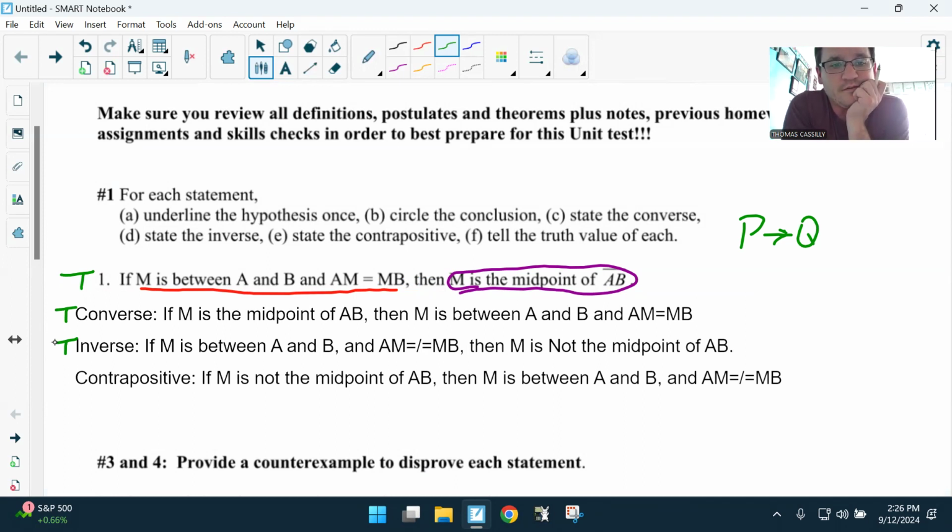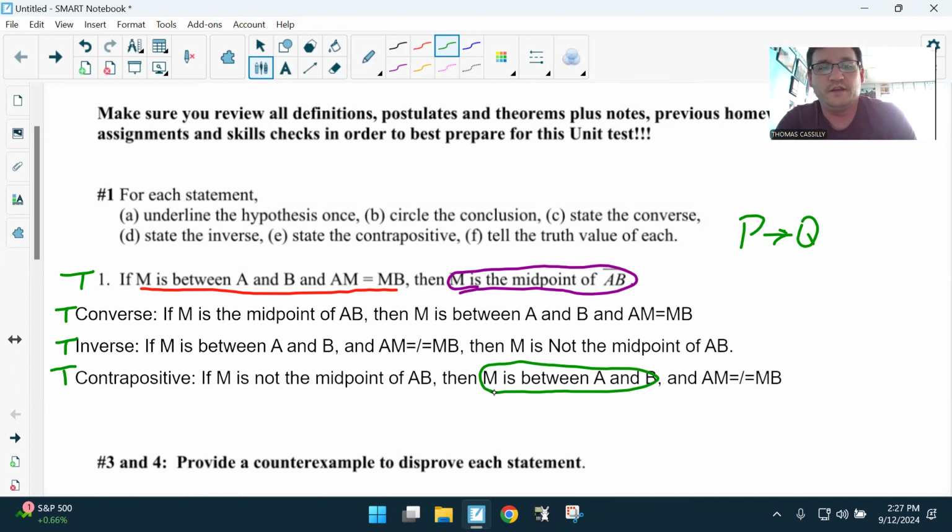All right, so this one, I'm going to say true. You could argue that this one is false because there's two things going on here. I'm going to assume that M is between A and B still. I'm going to assume that that is part of the condition that needs to be met here. All right, so that is number one.